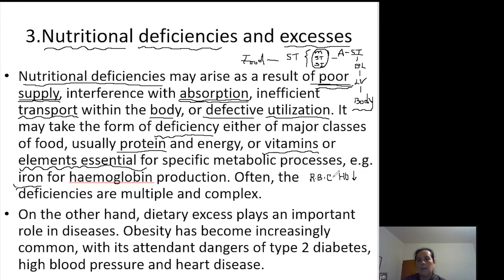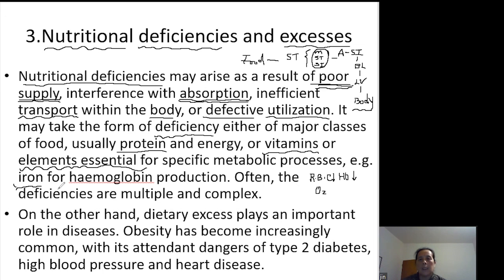That means they couldn't transport oxygen all over the body. And sometimes people may not only have one kind of nutrition deficiency, they may have a lot of them. So truly their organ functions decrease because they don't have enough nutrition. So that's the deficiency aspect.